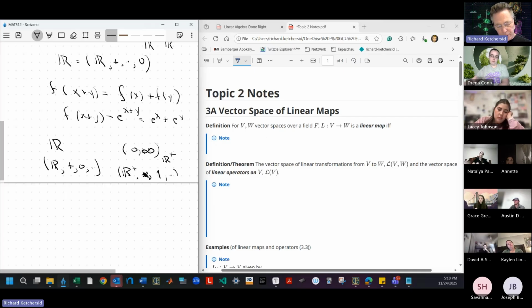Then the scalar multiplication will actually be exponentiation. So alpha scalar multiple r will actually be r to the alpha. I think that's what I want to say.